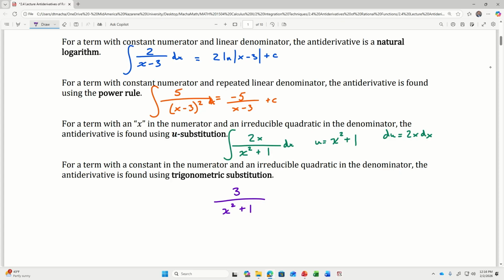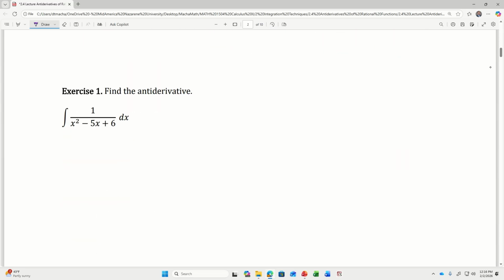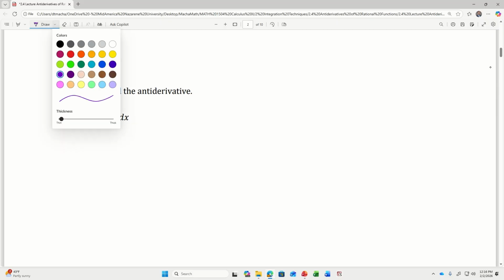That would be a case for trig substitution like we did last time. And that's it. That covers all of your bases for looking at real valued rational functions in the integrand.